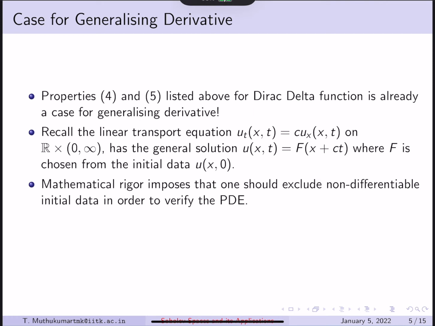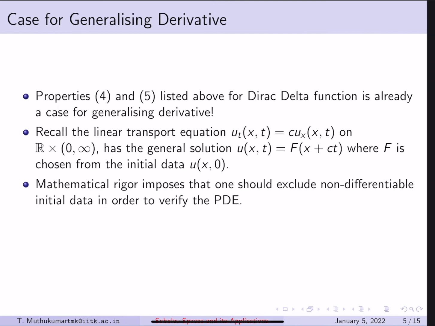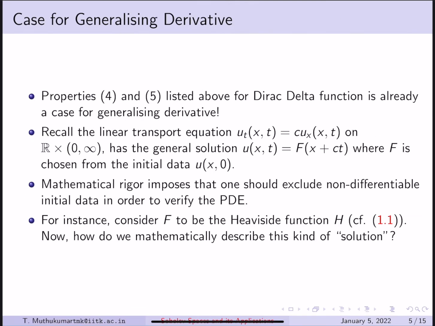Because to begin with we have a differential equation, so we need to have the solution as many times differentiable. So all that I have explained already: if we take a Heaviside function as a step function, then mathematically how does one describe this kind of a solution? Though physically it looks like a solution, mathematically one cannot include that as a solution, right? So how do you handle such situations?